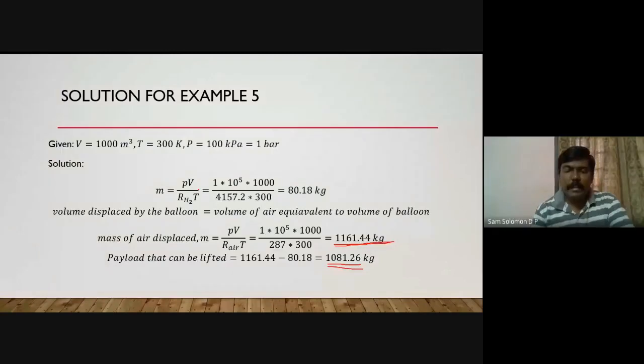No, it is not like that. 80 kg of hydrogen is the mass.